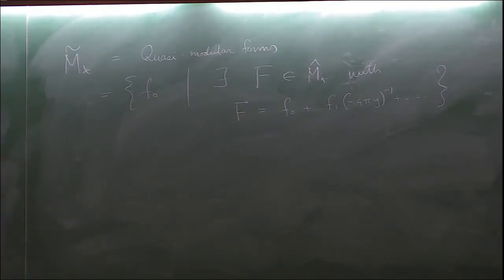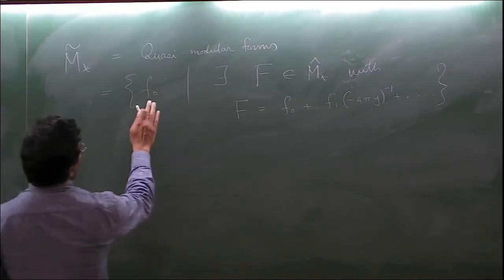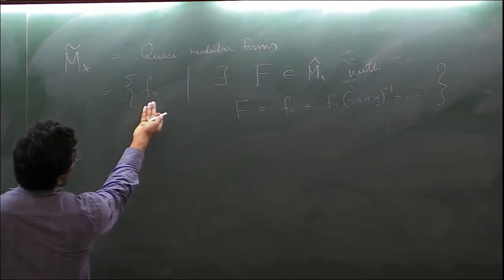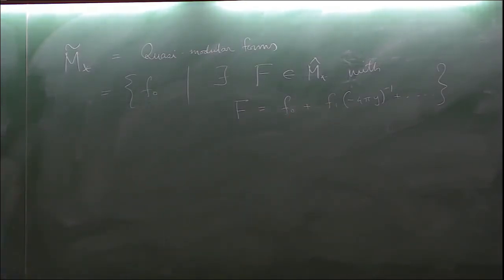These f_i need not be modular forms except for the highest degree non-zero term, which is a holomorphic modular form of weight k minus 2p. So quasi-modular forms are holomorphic functions which appear as the constant term of some almost holomorphic modular form.